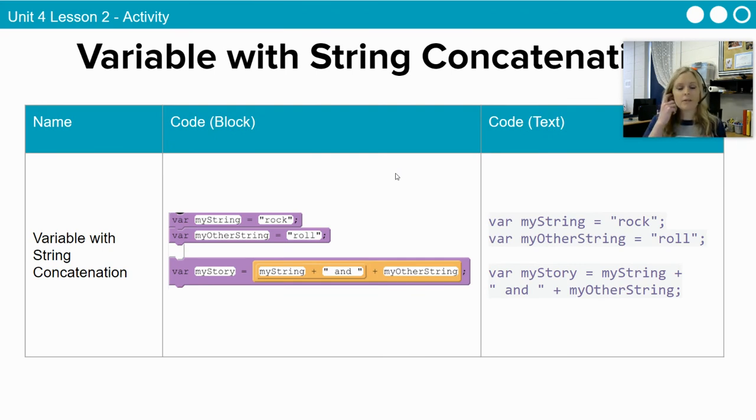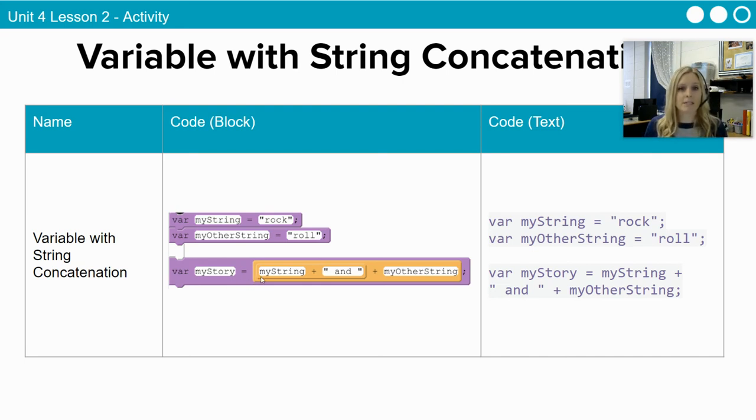In another case, if you want to concatenate two strings that are values of variables, in this case, we have two variables, my string and my other string, and each of them have a starter value. We have rock, we have roll. So then in order to concatenate those two strings in whatever way we want to, we would create a new variable called my story, or whatever you want to call it.